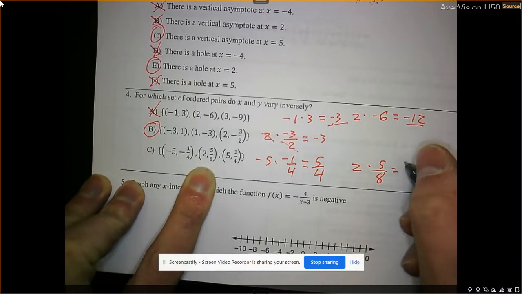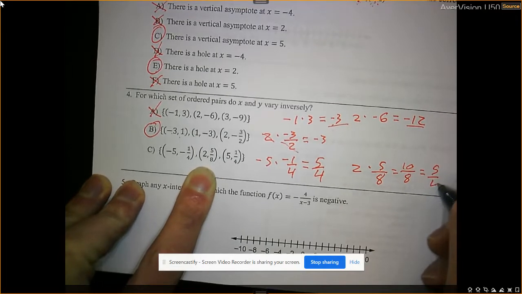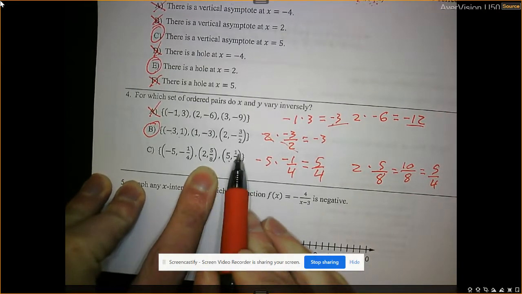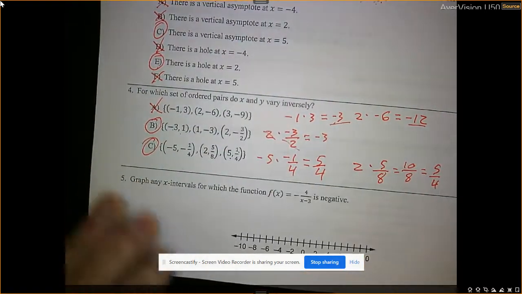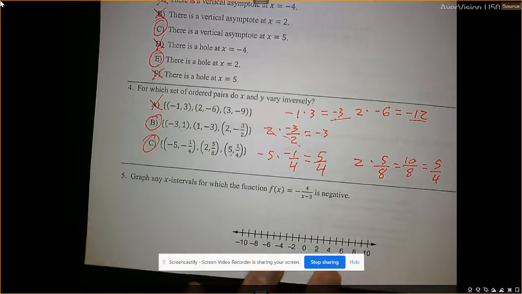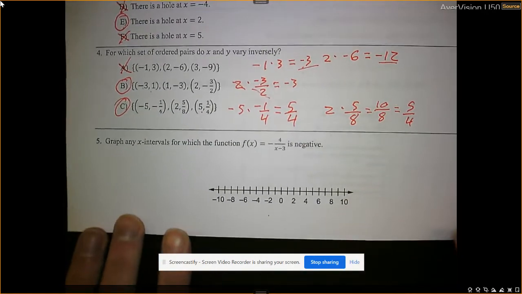Well, that's 10 over 8, which is also 5 over 4. So far, so good. And then we get 5 times 1 over 4. Well, yeah, that will give us 5 over 4 again. So, yep, C, we do get inverse variation also, because they all equal the same thing when you do the x times the y in each.